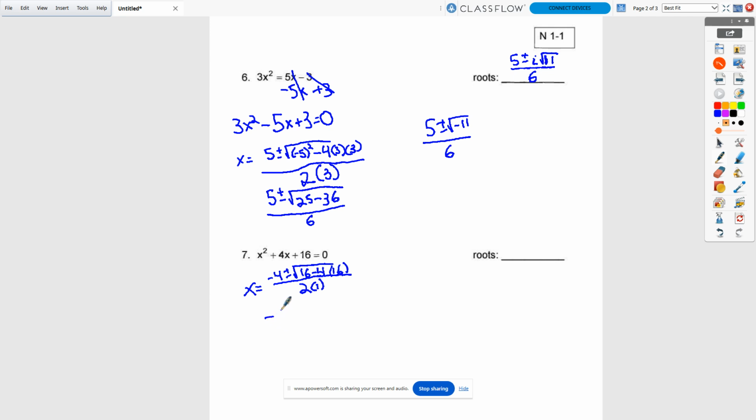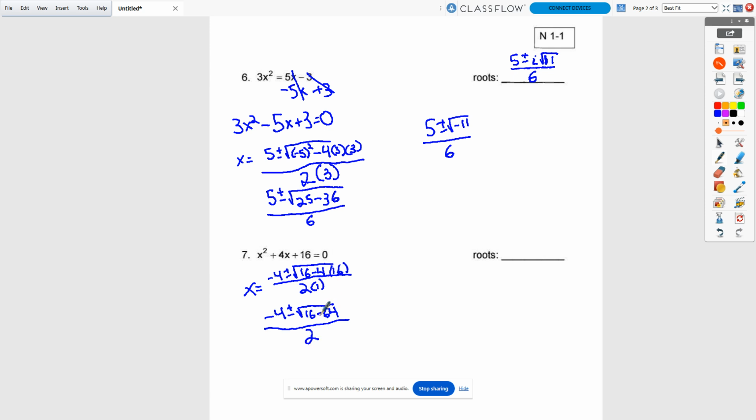So I've got negative 4 plus or minus the square root of 16 minus 64, all that over 2.